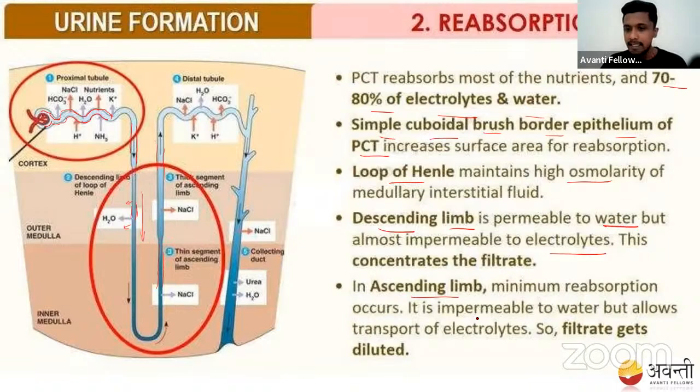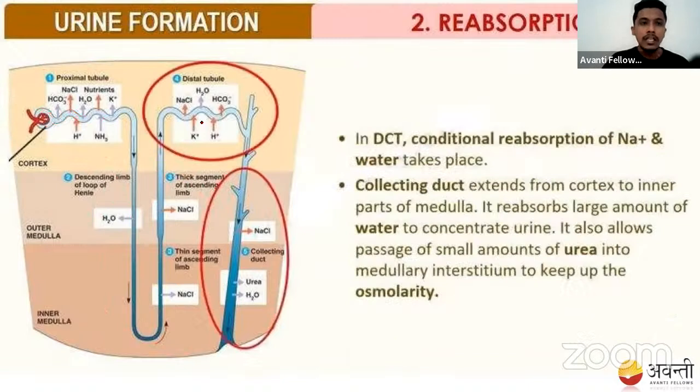Whereas in the ascending loop, the maximum absorption takes place, and it is impermeable to water. So only the ions and electrolytes are transported. Since the electrolyte exchange happens, the filtrate gets diluted in the ascending limb.